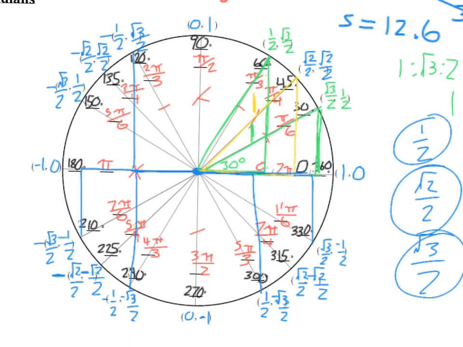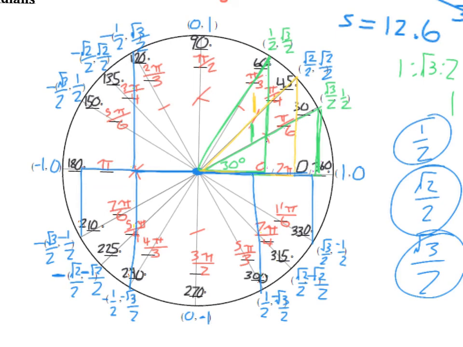Alright, what is this used for? Well, if you're trying to do trigonometry, the x is going to represent your cosine, and the y is going to represent your sine. So for example, if I want to know cosine of 150, well, cosine of 150 is the x-coordinate, negative rad 3 over 2.